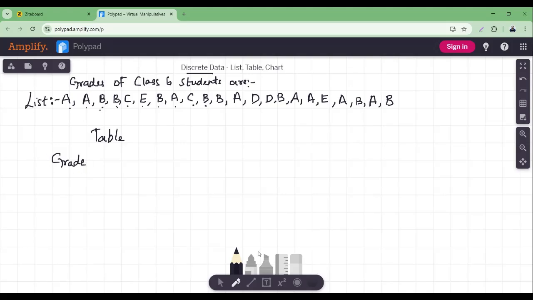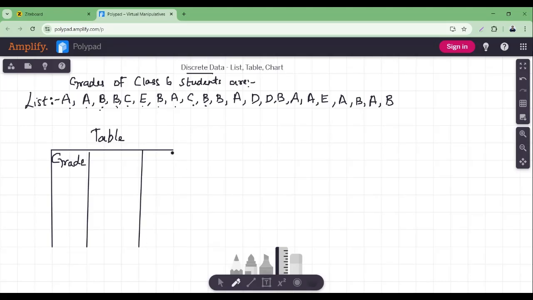Next, I'm going to use something called tally, which I will show you very soon. And then I will add a column for frequency.